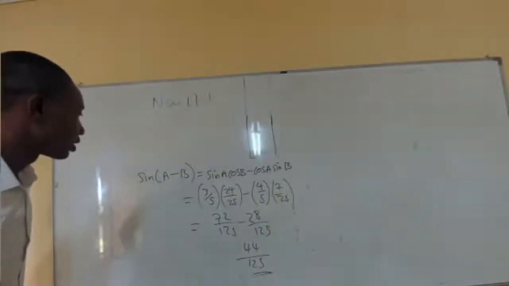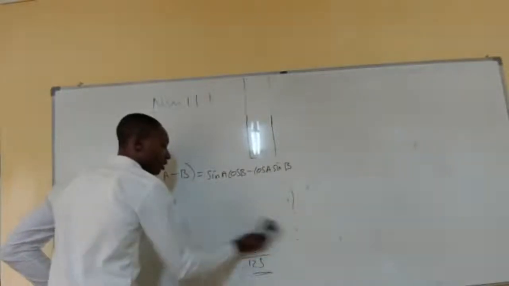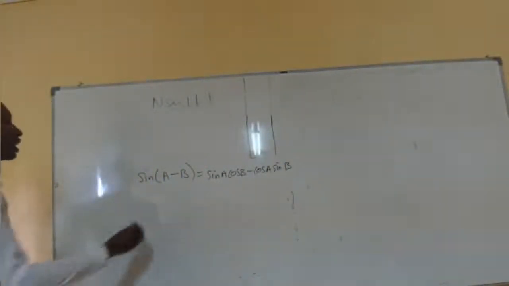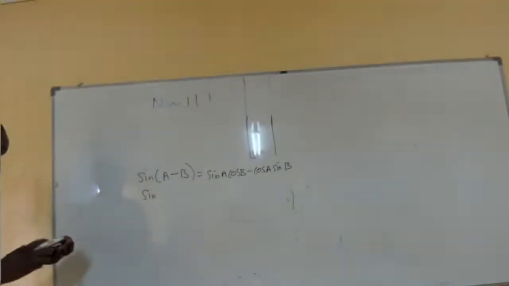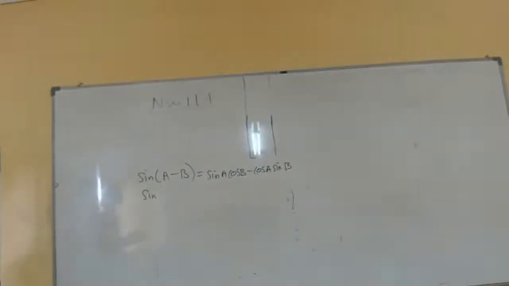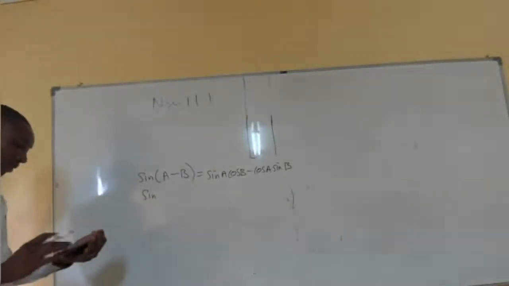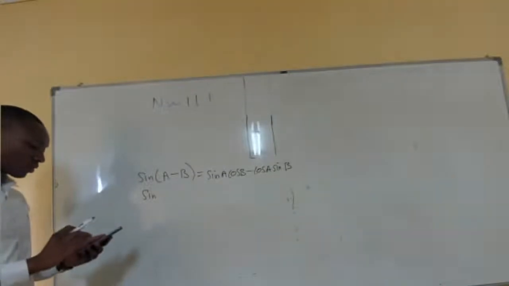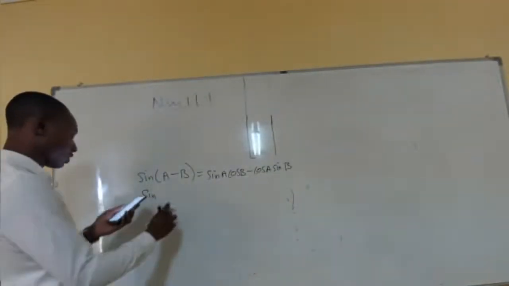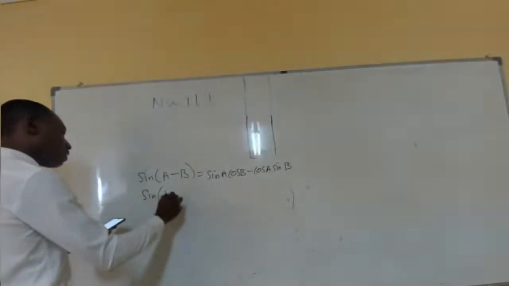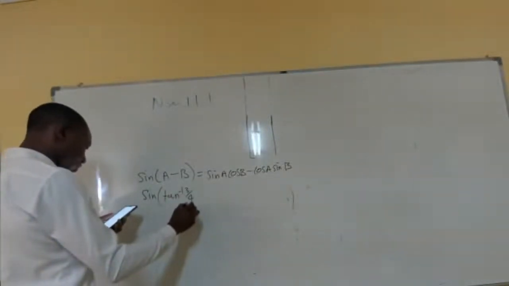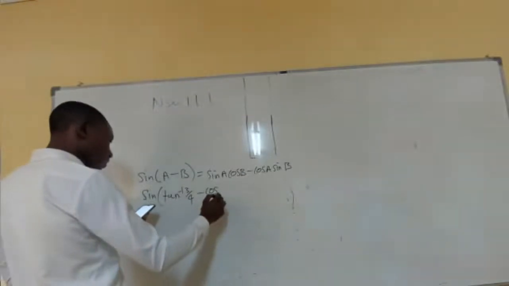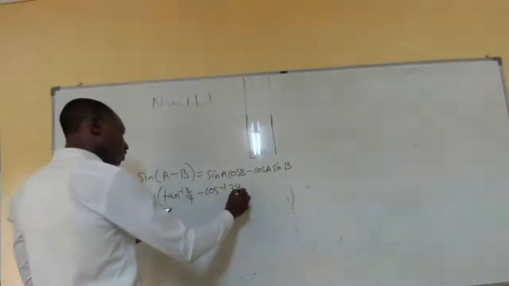Okay, so if you write this as sine, with reference to the question, we have sine of tan inverse of 3 over 4 minus cos inverse of 24 over 25, right?